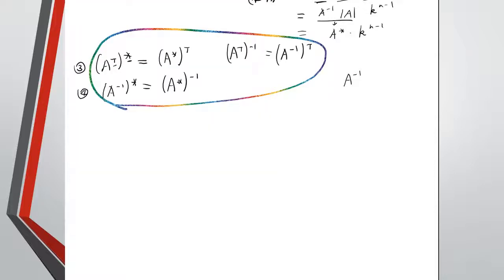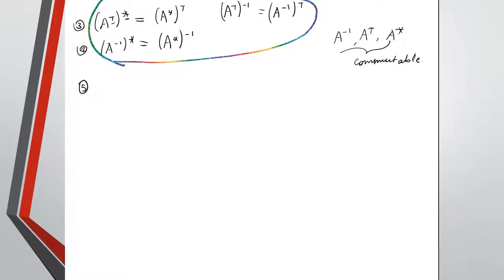Inverse, transpose, and adjoint. These operations are all commutable. Yeah, so you can just remember this. So every time you see the star, T, and -1, we'll call it inverse, you can always put them back and forth. It doesn't matter.